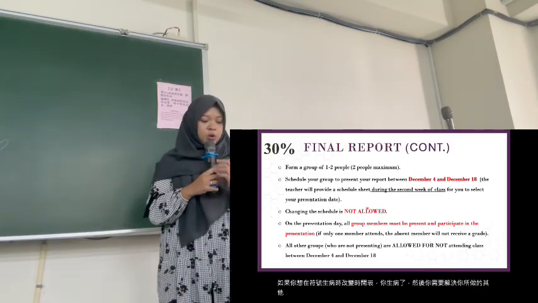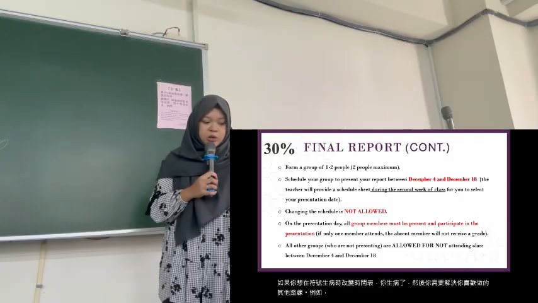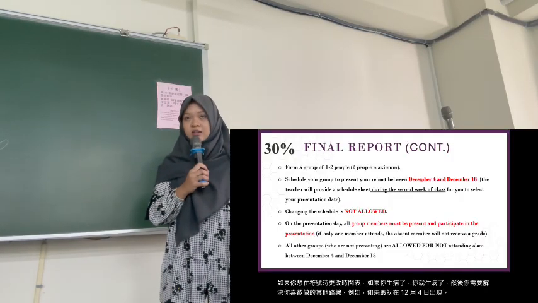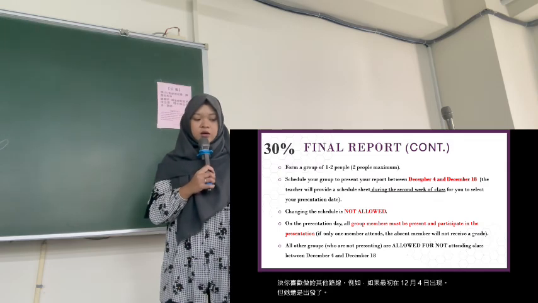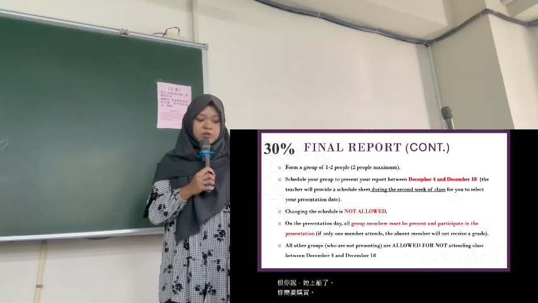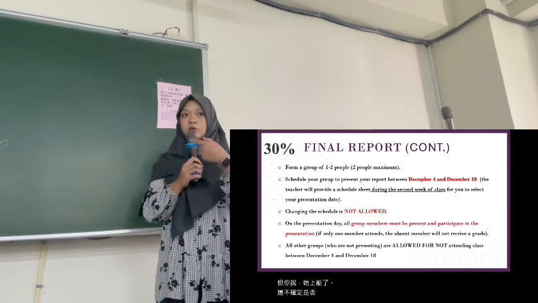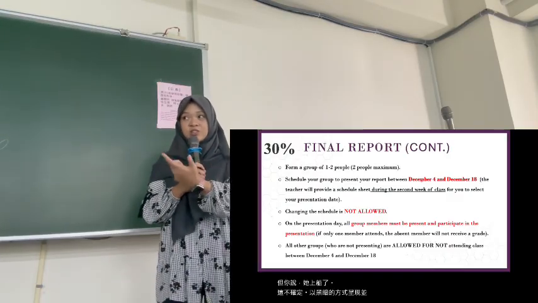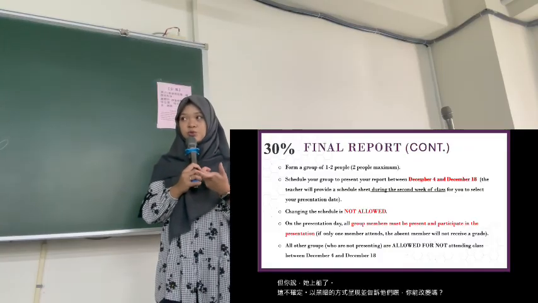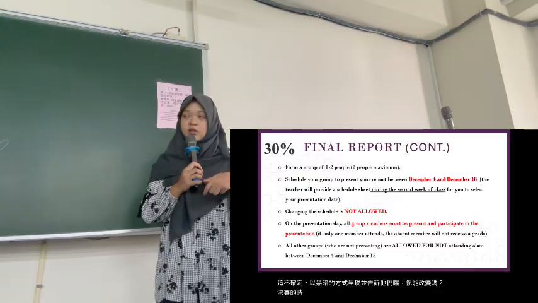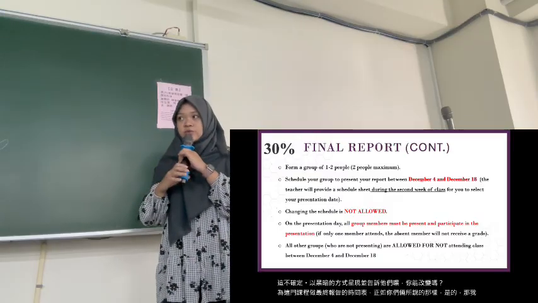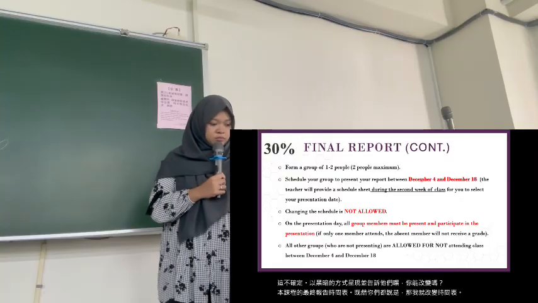For example, you originally present on December 4th, but you cannot because you are sick. Then you need to find the groups who are presenting in another week and ask them, can we change the schedule for this course's final report? If both of you say yes, then I will change the schedule for you.